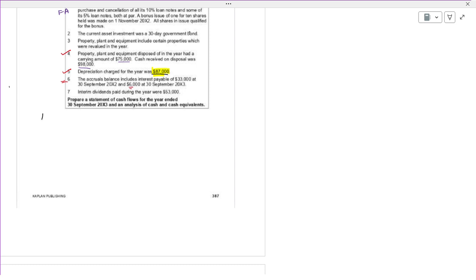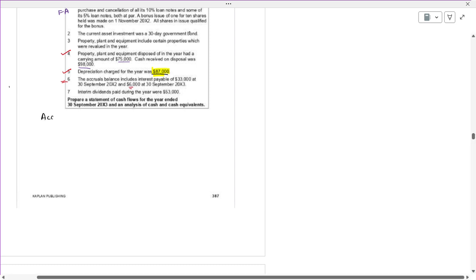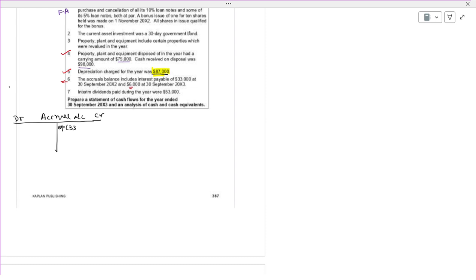You have an accrual account. In the accrual account, a T account, debit and credit. How much did they say the opening balance is? They said opening balance is 33. Liability opening balance is always on the credit side.